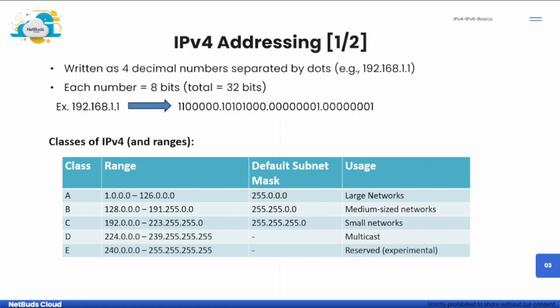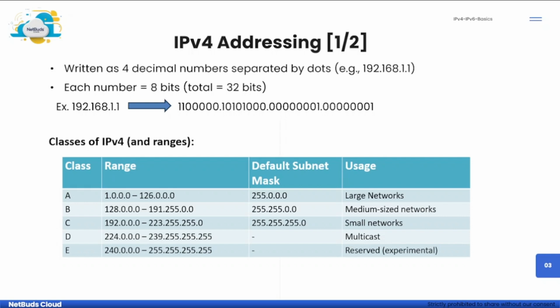Class C starts from 192.0.0.0 to 223.255.255.0 and has default mask 255.255.255.0 or /24, used for small networks.